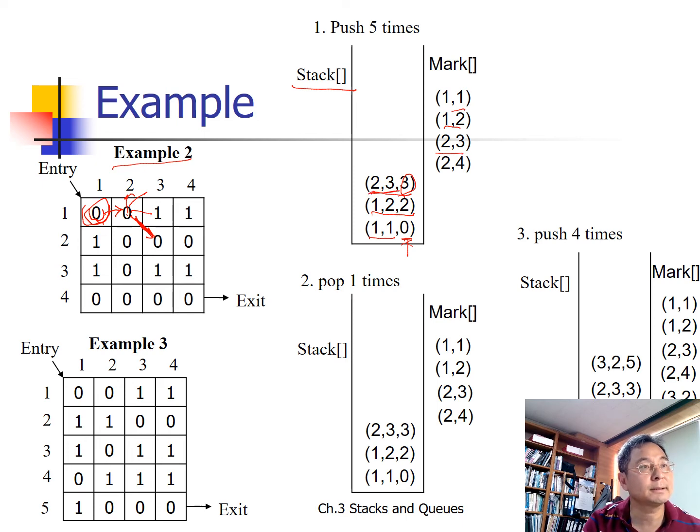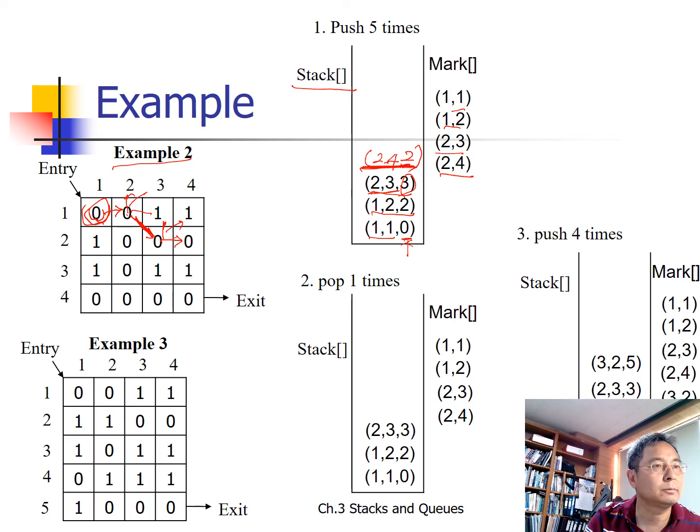And next one is, okay, here 2, 4 must be stored here. Okay, and what is the direction? 0, 1, 2. Yes, 2 is stored here. Okay, this one is stored at the moment now. 2, 4 is also stored in mark.